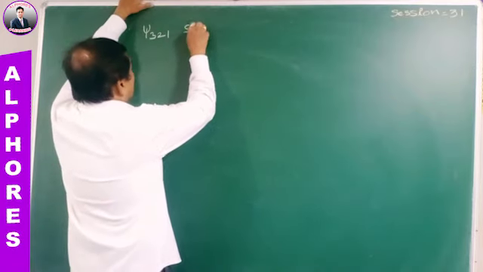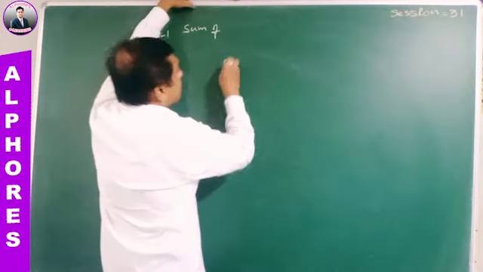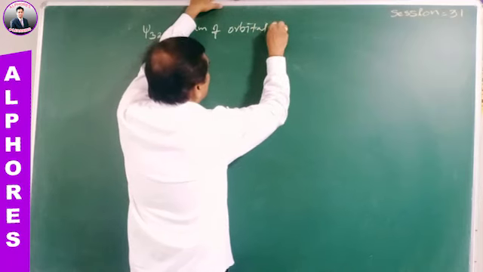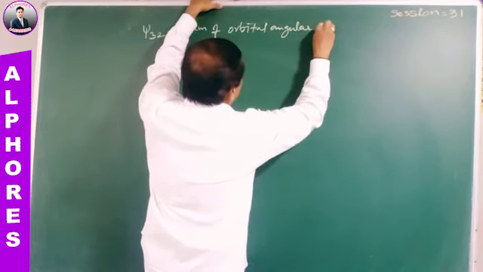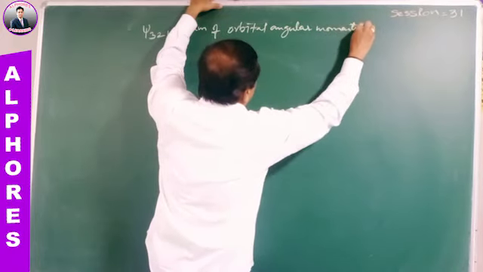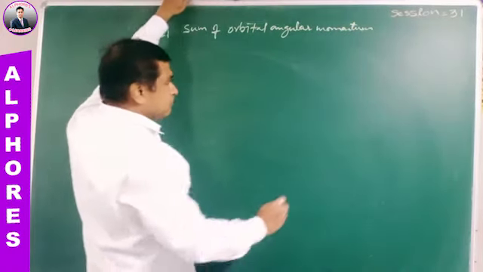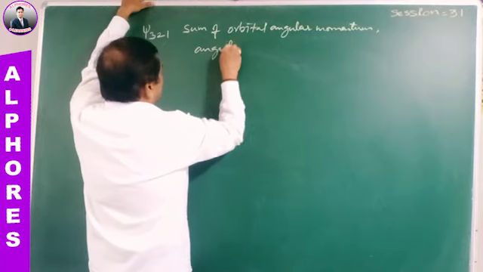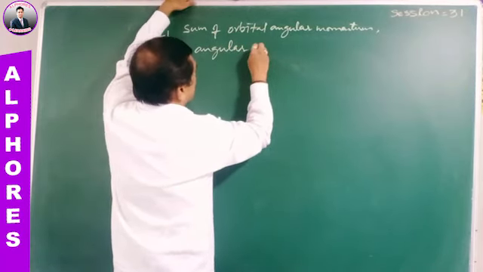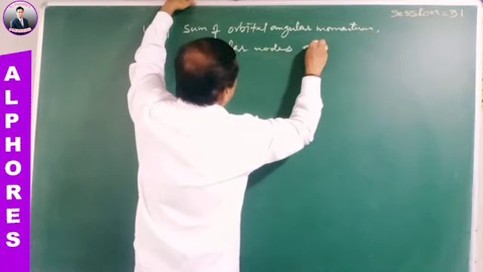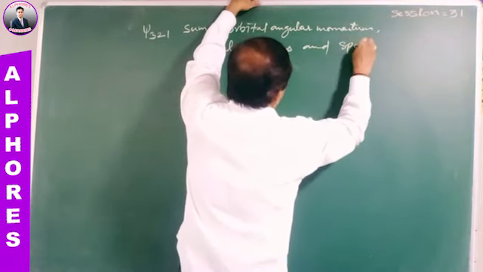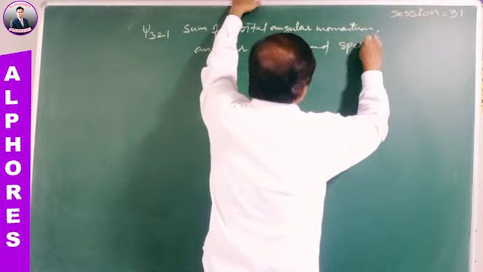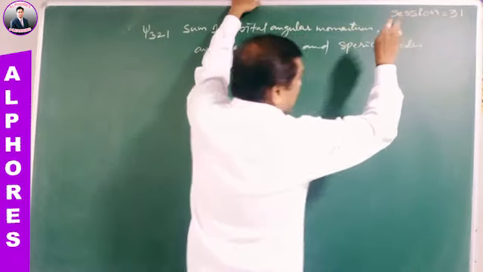Identify the sum of orbital angular momentum, angular nodes and spherical nodes of the orbital.